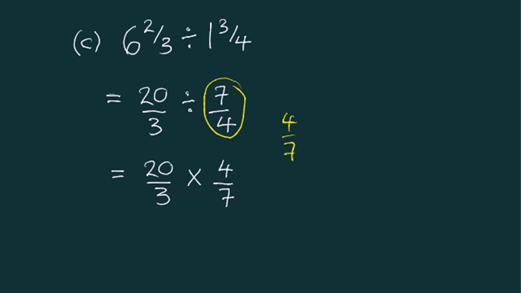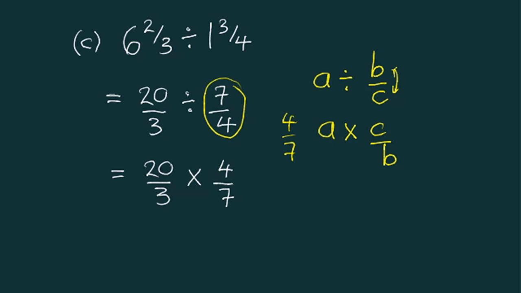Whenever you have something dividing a fraction, let's say b over c, and you introduce a multiplication sign, then you have to invert b over c so that it becomes c over b. That's what we've just done. We had divided by 7 over 4, but we introduced a multiplication sign and it inverted to become 4 over 7.